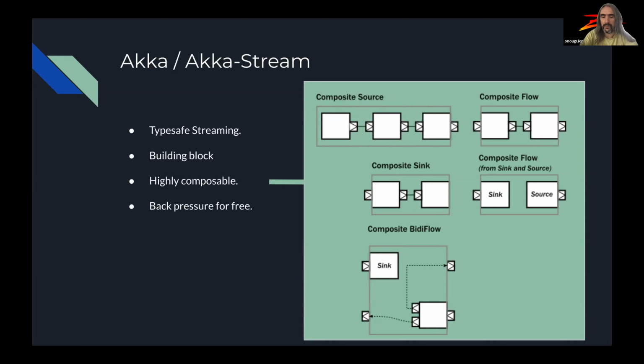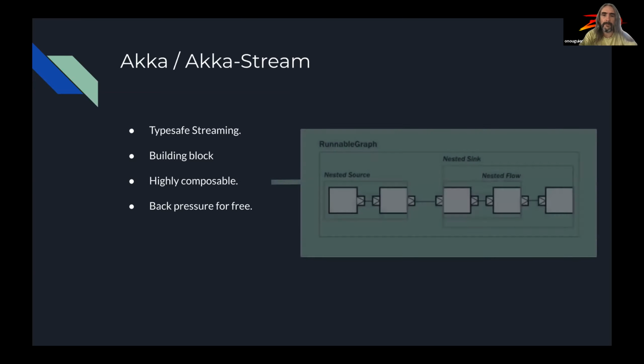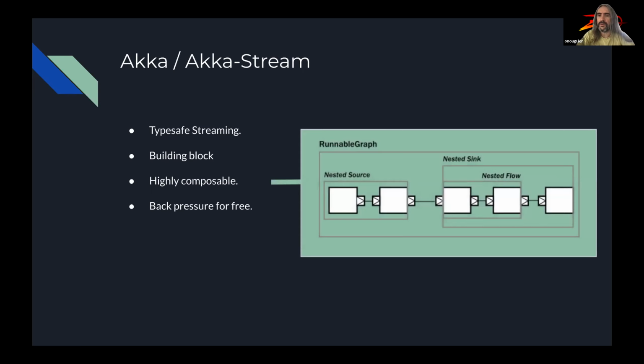You see, it's quite simple to use. And when I say highly composable, you can also compose the composition, of course, and this is recursive and has no real limit. So in the end, you have to provide a runnable graph, which is a closed shape, which can have a source and an end.